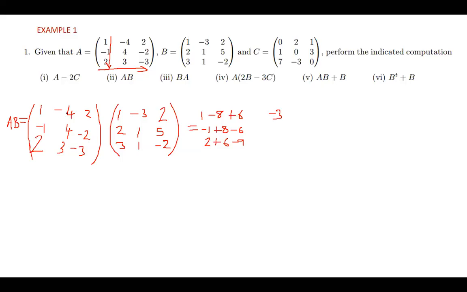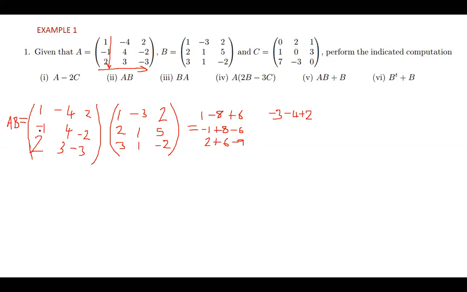And then -4 times 1, I'm getting -4. And then this 2 times 1 there, I'm getting 2. So you multiply that row with the second column.